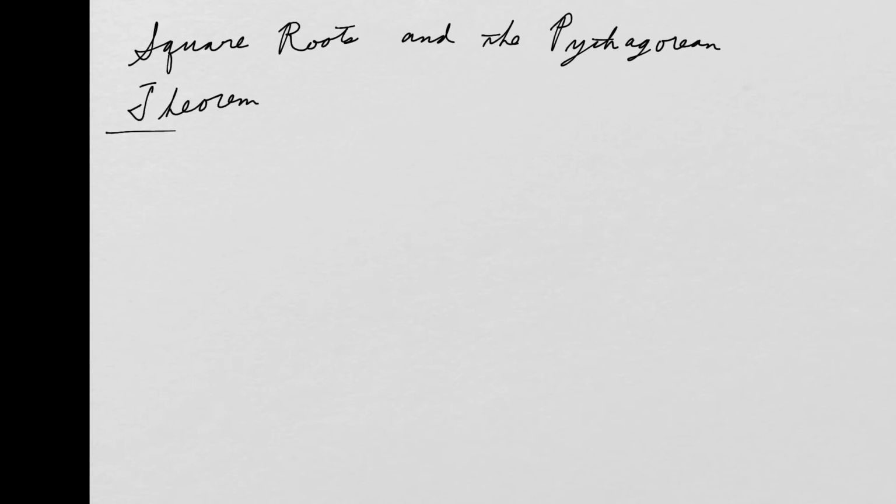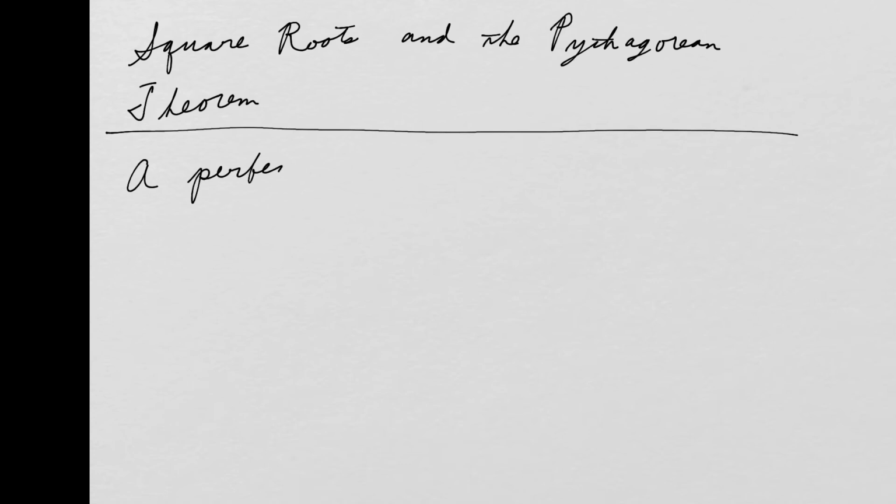Okay, so first let's talk a little bit about square roots. So first of all, a perfect square is a number that is the square of a whole number.